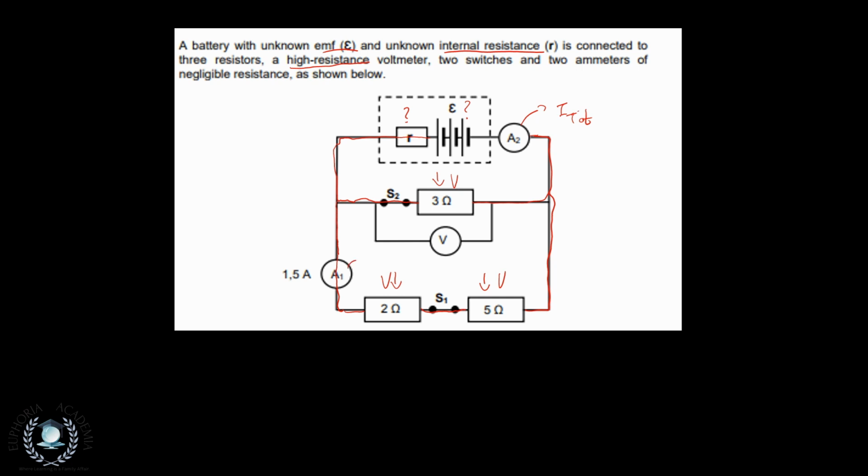The one read by this ammeter will be I1, and the current flowing through this branch we'll call I2. I total is equal to I1 plus I2. I think we have a good understanding of what is happening here.